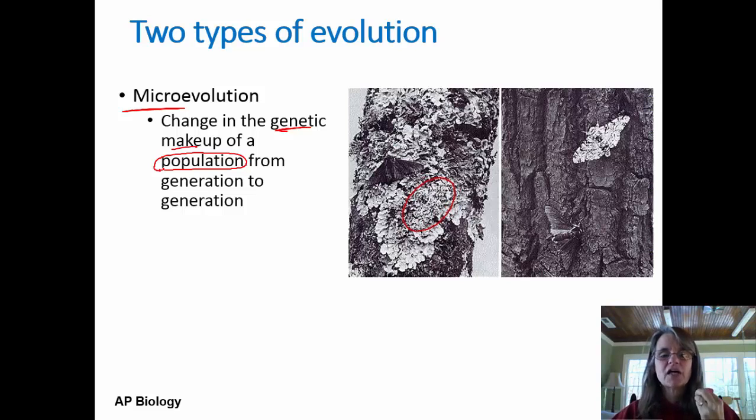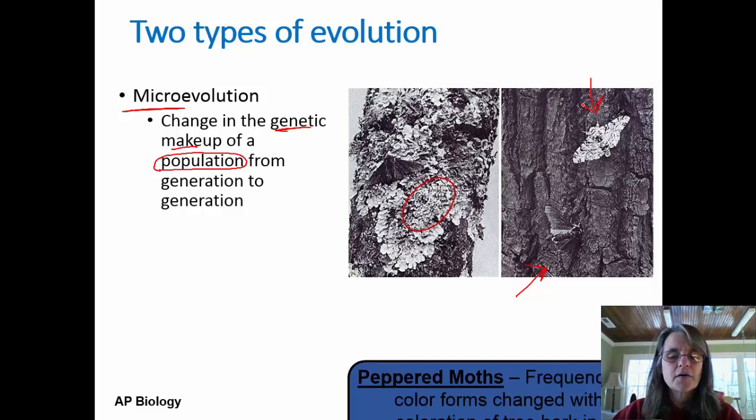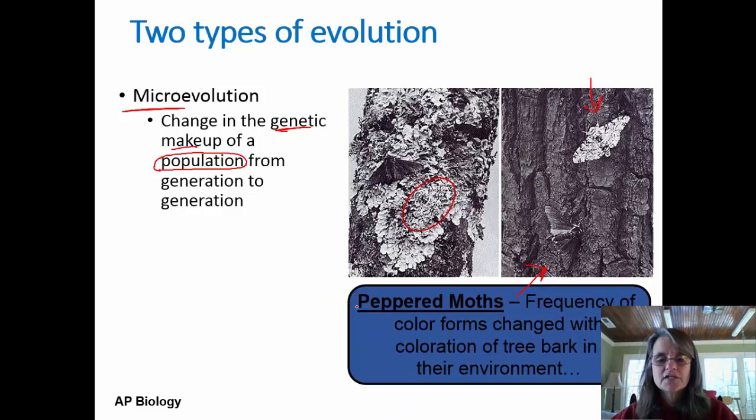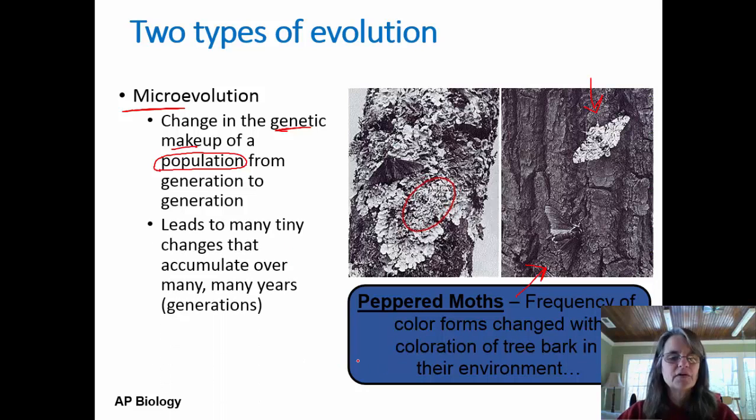When we think of the classic peppered moth example, those changes in how often we were seeing the dark peppered moths versus light peppered moths could be observed within a few generations, so definitely visible. So peppered moths, frequency, color, form change, we've talked about that.